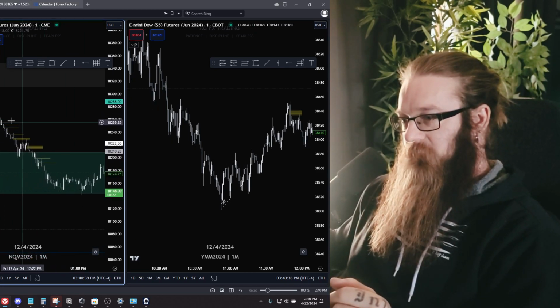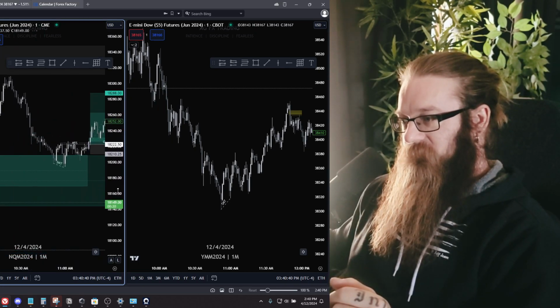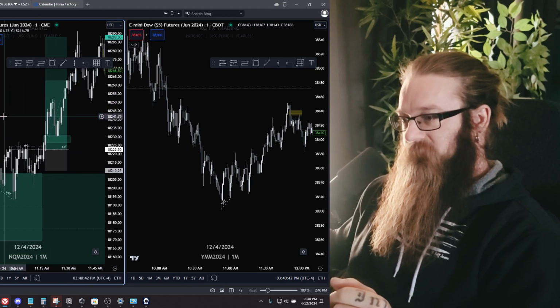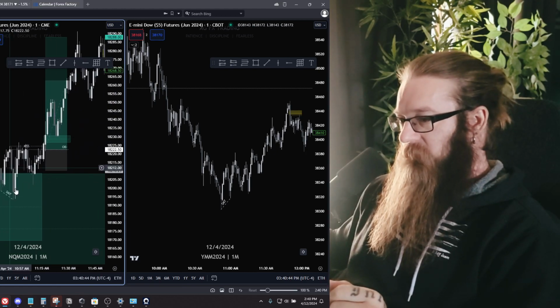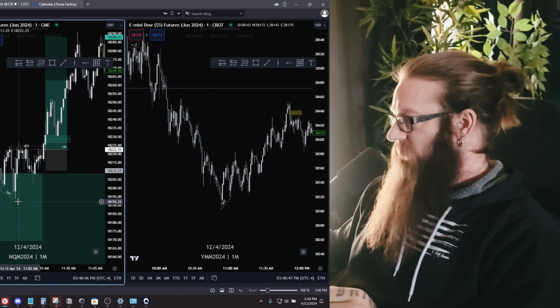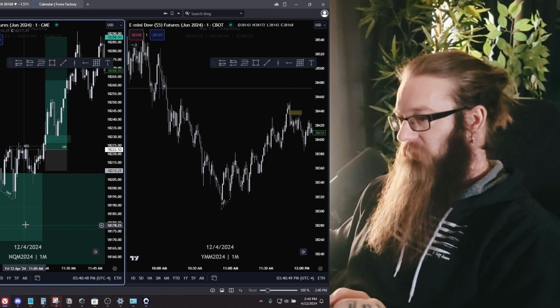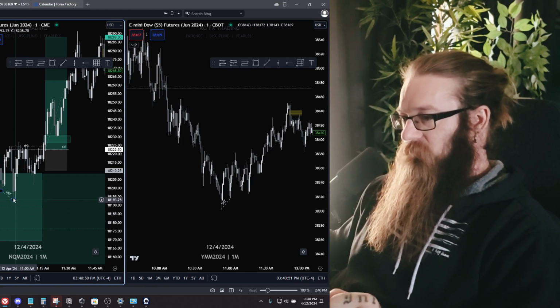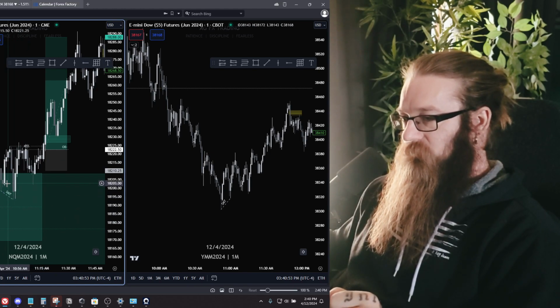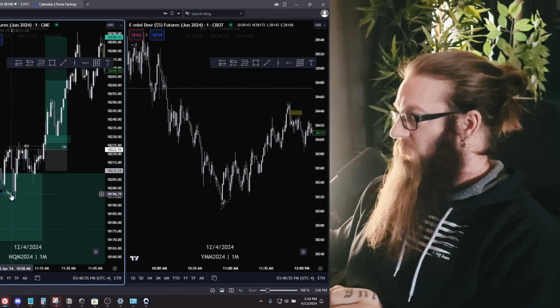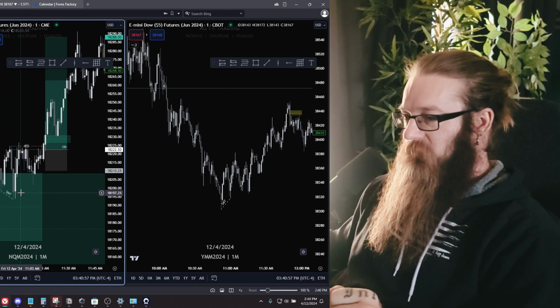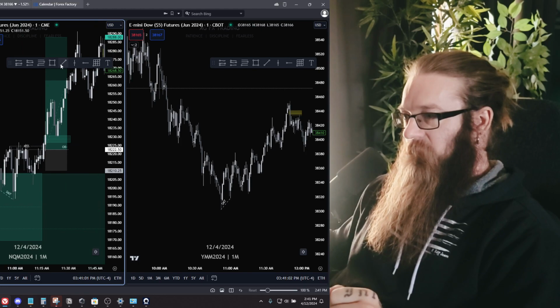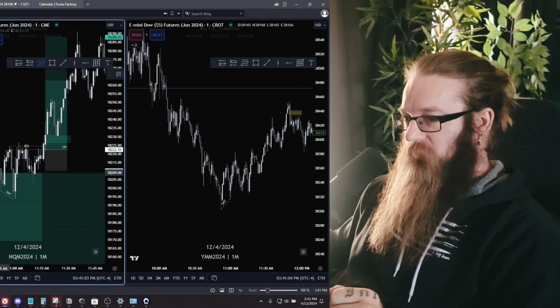Back to the 1 minute. So we come into that 15-minute fair value gap that hadn't been closed over yet. We come back into that 15-minute wick. It didn't really do much on the wick. It didn't happen to hit 25% or 50%.